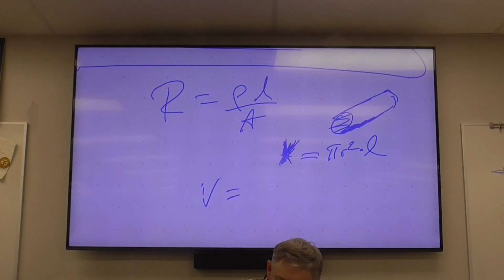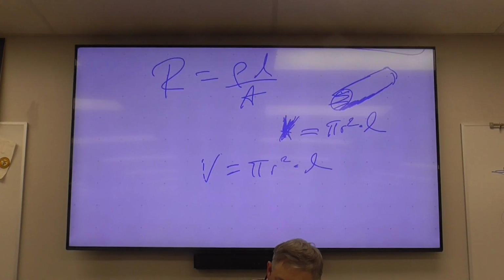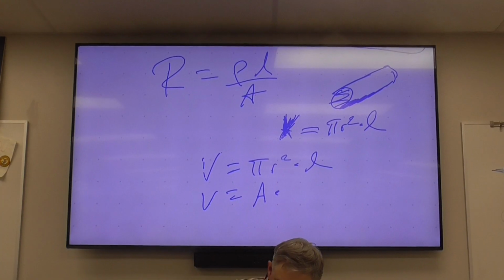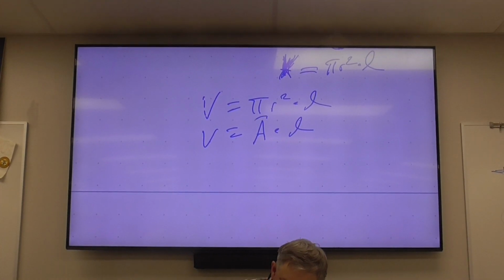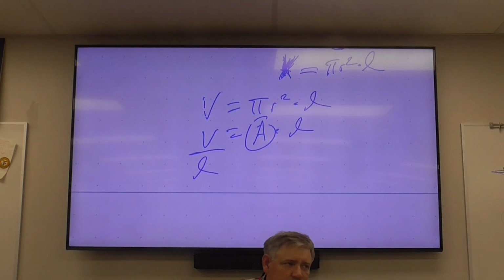So if volume equals pi r squared L, and the pi r squared is your area times the length, could I solve this for area and get volume over L? So is volume over length the same thing as area? Yes.